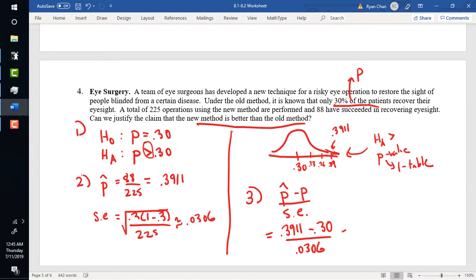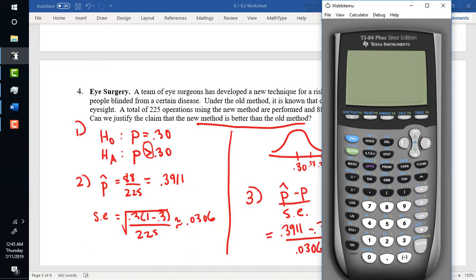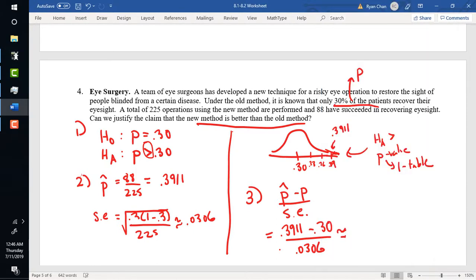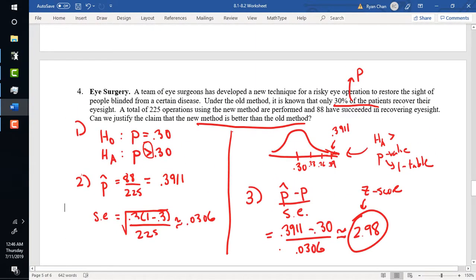I'm going to use my calculator. 0.3911 minus 0.3 divided by 0.0306 is approximately 2.98. Okay. So that is my z-score. I'm going to use that to calculate from my table.